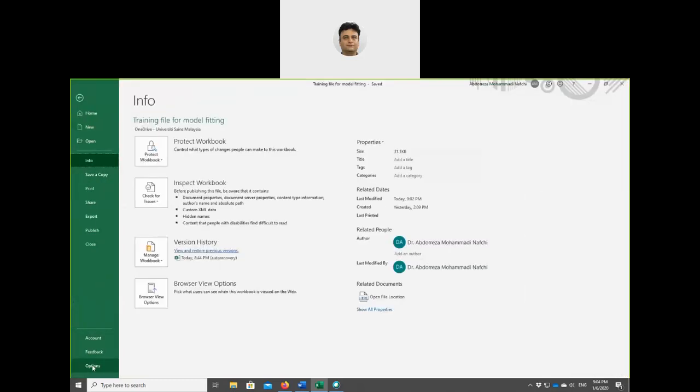Go to option and go down and find add-ins, and then click in front of the add-ins. There is a Go. Press the Go, and when you press the Go, you can find the Solver Excel add-ins.